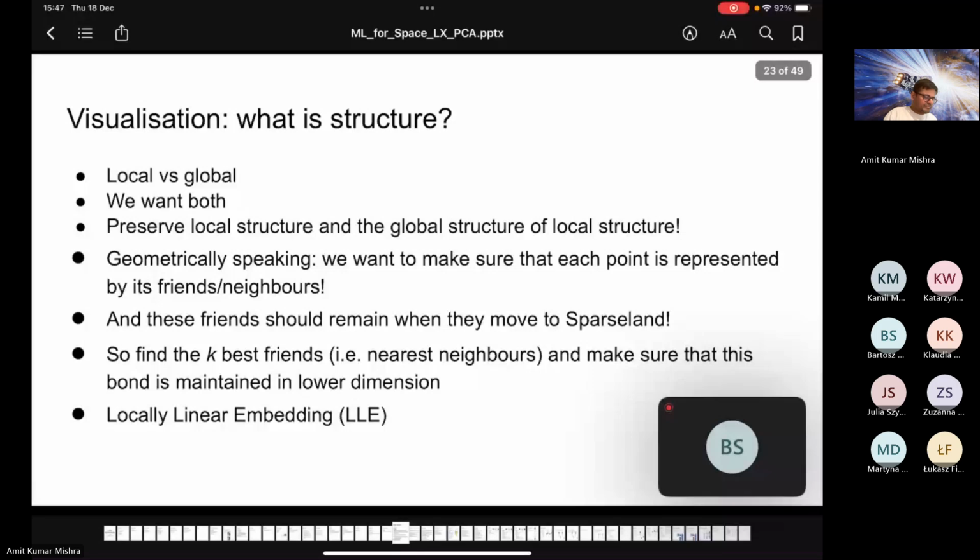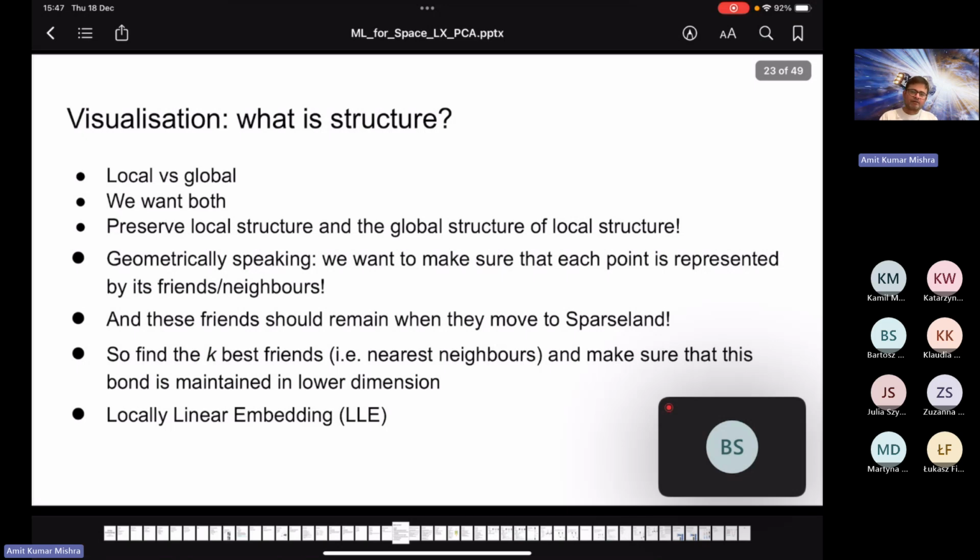So that's the first kind of visualization trick. It's called LLE, locally linear embedding. So what we do here is, let us say you have got 100 points in 12 dimensions, and you want to convert that to 100 points in 3 dimensions. In 3 dimensions, you start with 100 random points and try to correspond, okay, this point corresponds to this point and so on.